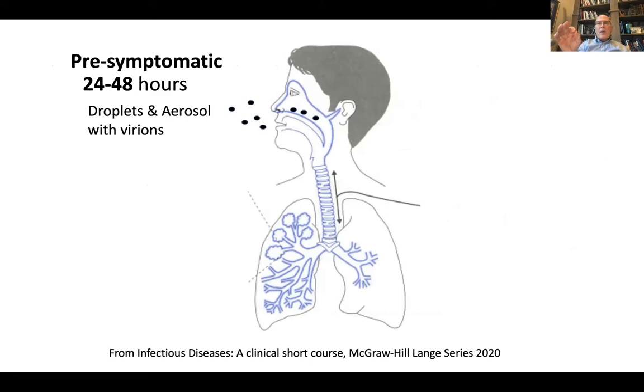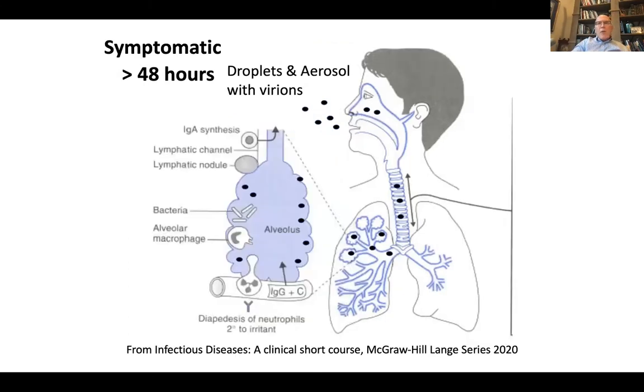And yet in that early pre-symptomatic period, there are large numbers of the virus coming out of the cells that are infected and populating the saliva, the sputum, and at about 48 hours, the virus, the little black particles, migrate down the bronchi into the different parts of the lung and end up in the alveoli. And the alveoli are little air sacs that are responsible for exchanging air into the arterioles.